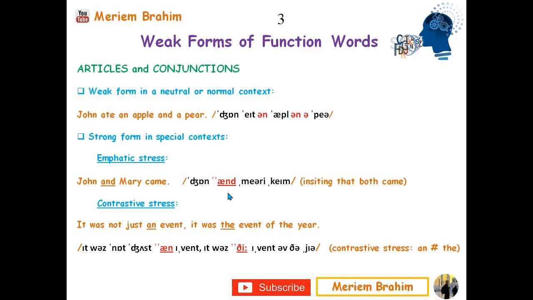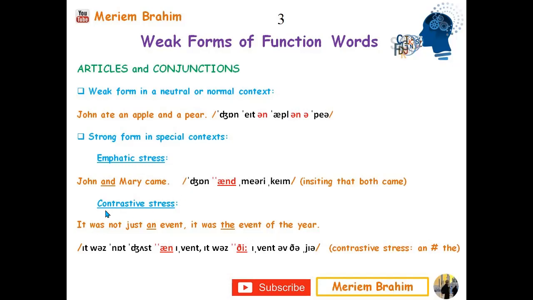So and appears in its strong form. However, we notice here that the two lexical words which came after it, Mary and came, have been reduced to a secondary stress, as mentioned earlier in the video.